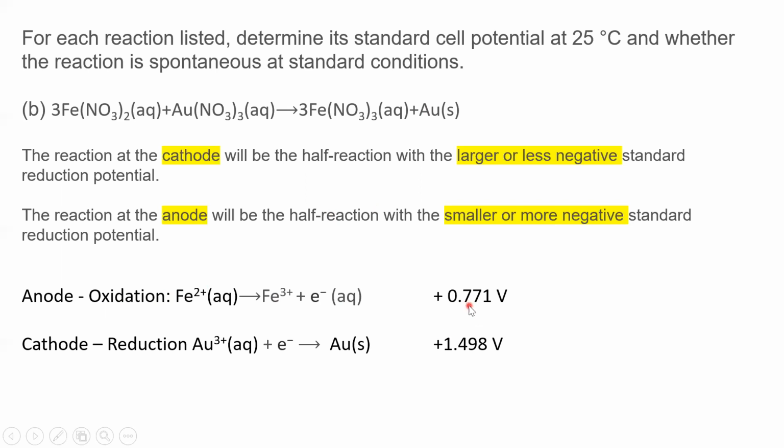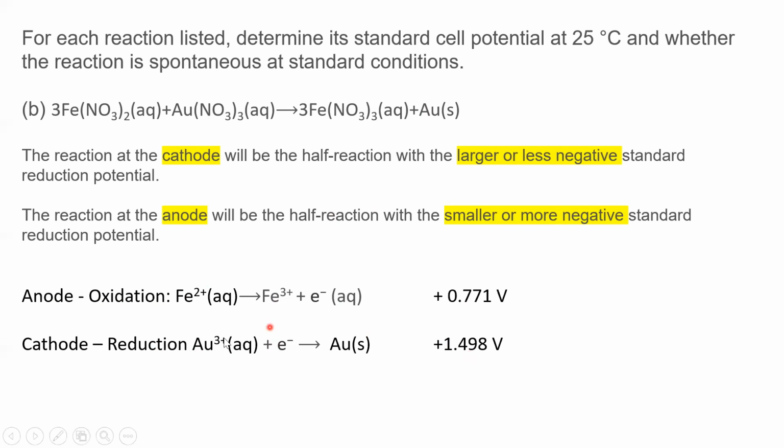The table tells us 0.771. The gold is being reduced. The table tells us that's a 1.498.